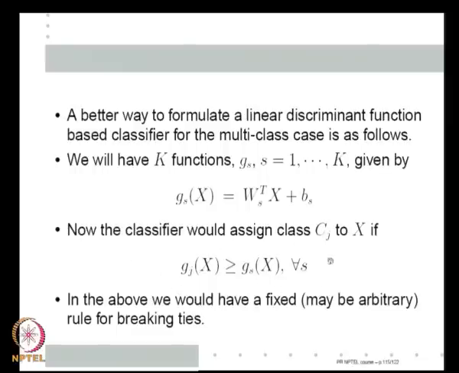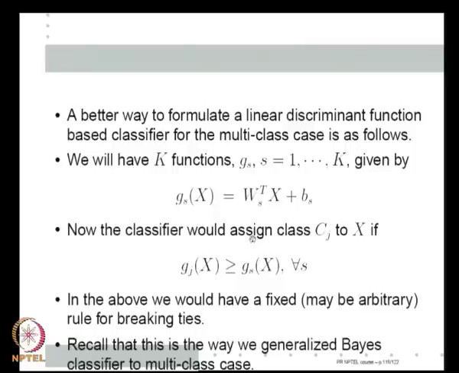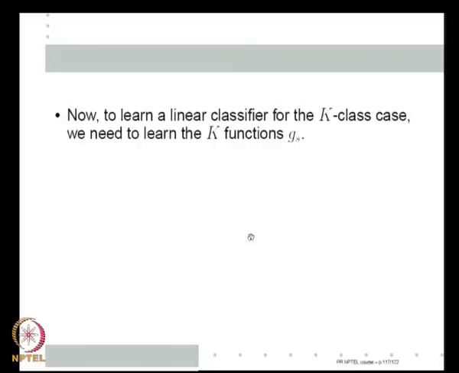Given any x, it uniquely defines a class label. So, essentially this is how one would like to generalize linear discriminant functions to multiple classes. Recall that this is the way we generalize the Bayes classifier. So, now to learn a linear classifier for the k-class case, we need to learn all the k functions g_s.